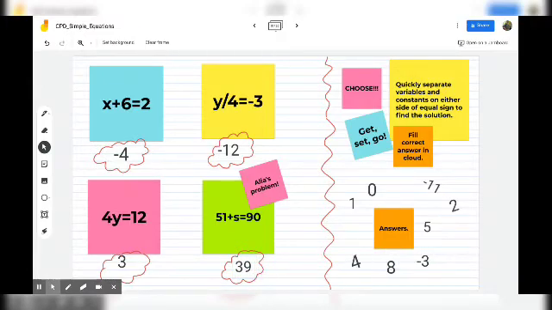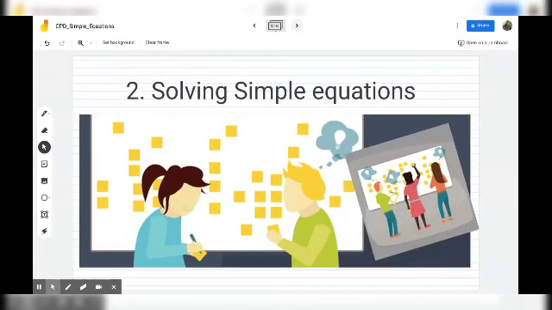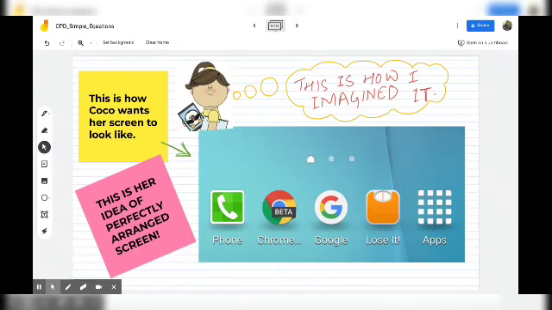Thanks for solving Alia's question. You must have noticed that till now, for solving any real-life situation, we have followed 2 steps. Step 1 is to frame the equation, and step 2 is to solve it for what's unknown. Coco is developing an app, and she wants her screen to look beautiful with icons symmetrically placed at equal gap.